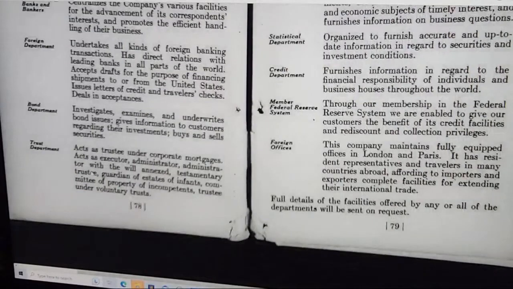Bond Department investigates, examines, and underwrites bond issues, giving information to customers regarding their investments, buys and sells securities.